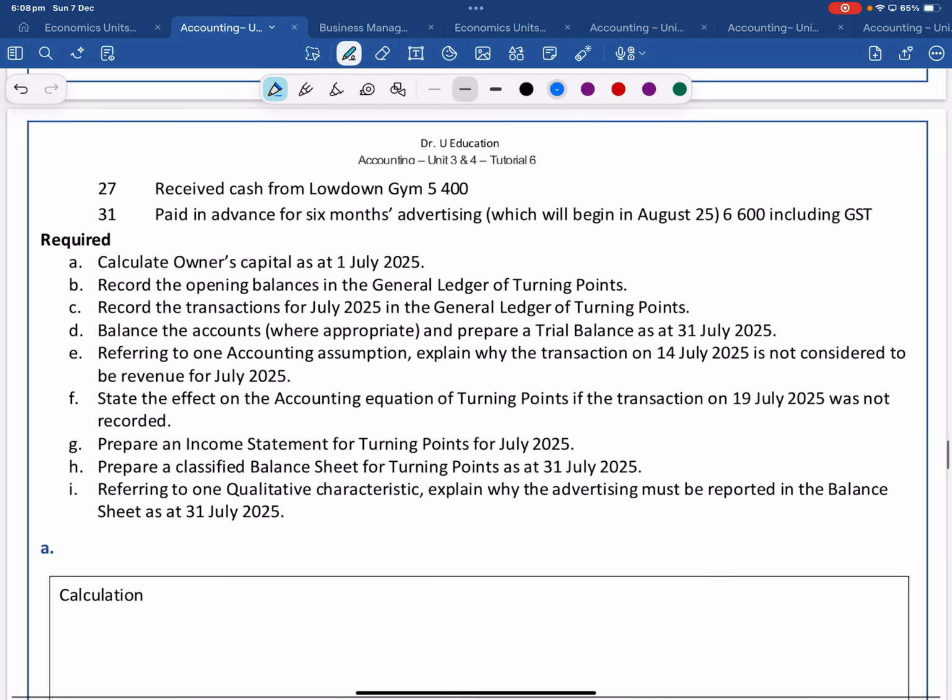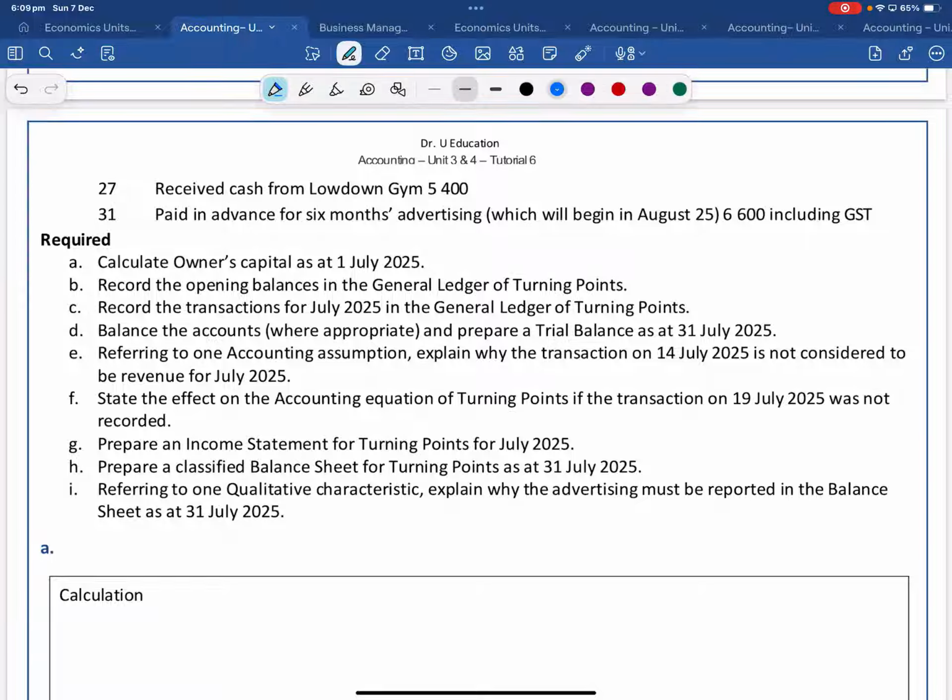Referring to one characteristic, explain why the prepaid advertising must be reported in the balance sheet as at 31st July 25. Okay, one characteristic. What is the characteristic? Relevance. Why is it relevance, Pranav? Because it makes a difference in the decision making of the owner.